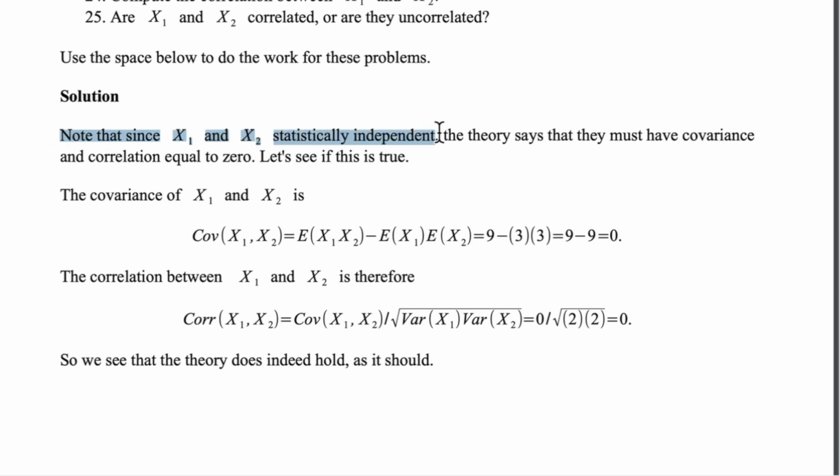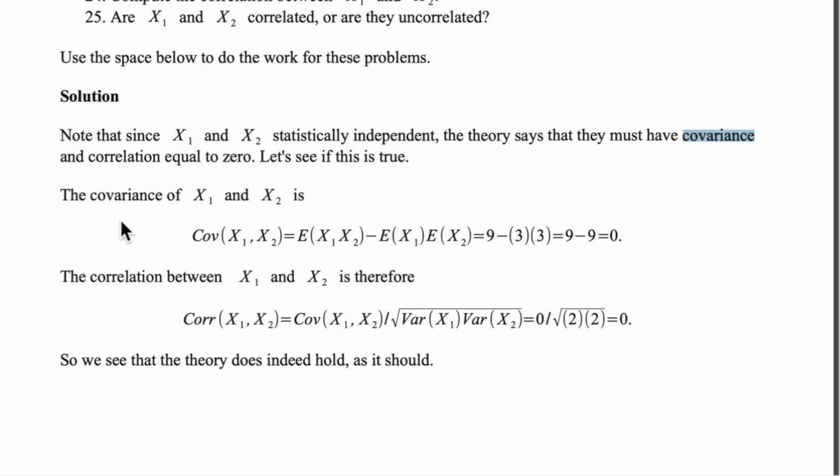Because we've just determined that x1 and x2 are in fact statistically independent, the theory says that the two random variables x1 and x2 should have a covariance of 0 and a correlation of 0. Okay, now let's see if that's the case.